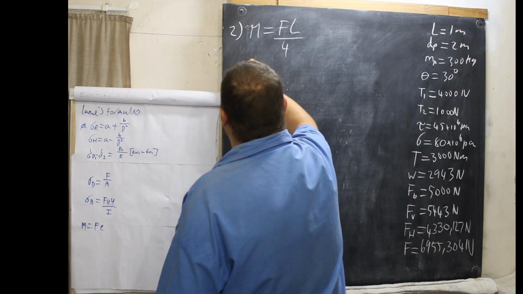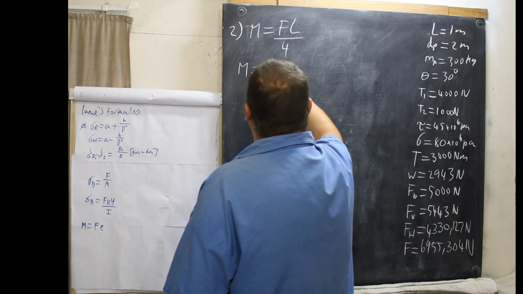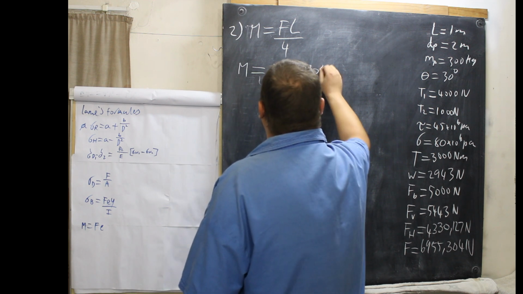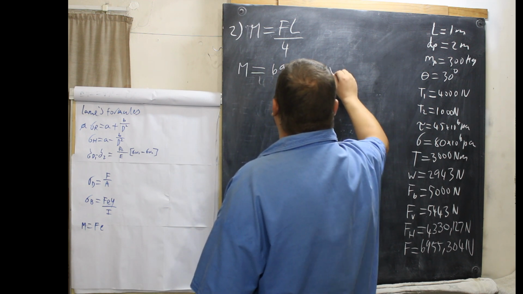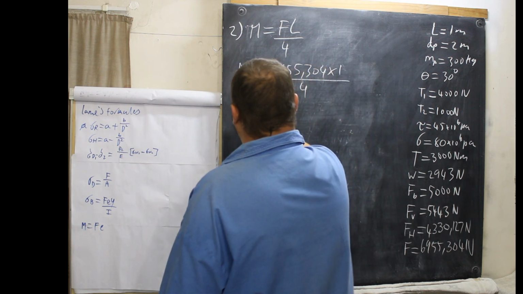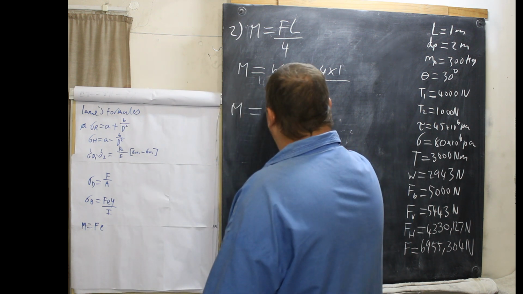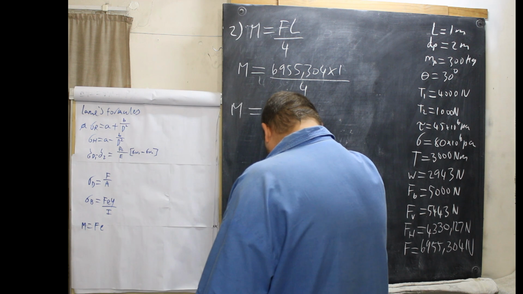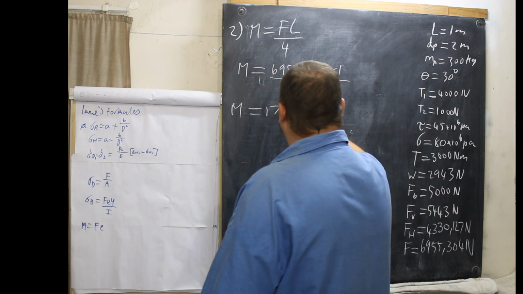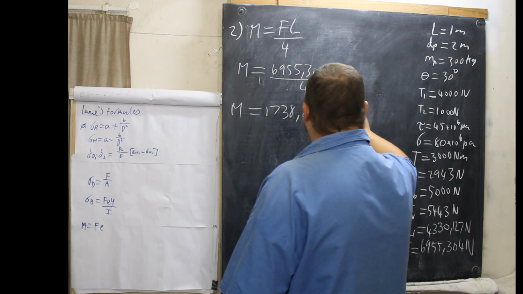So it's 6,955,304 times 1 over 4. So M equals 1738,826 Newton meters.